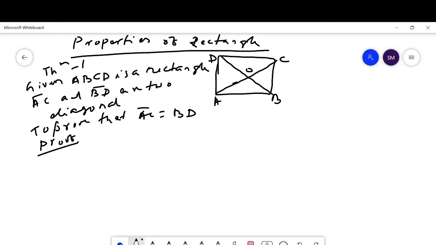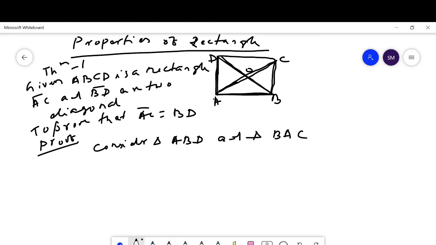Consider triangle ABD and triangle BAC. Consider triangle ADB and triangle BCA.